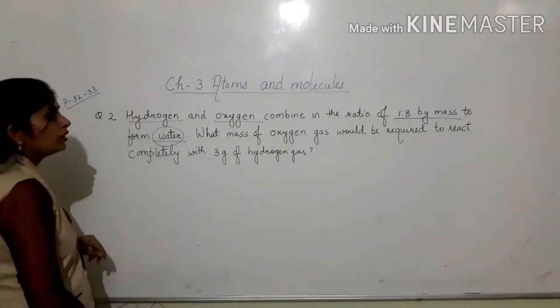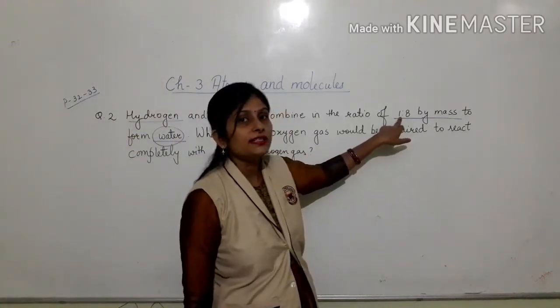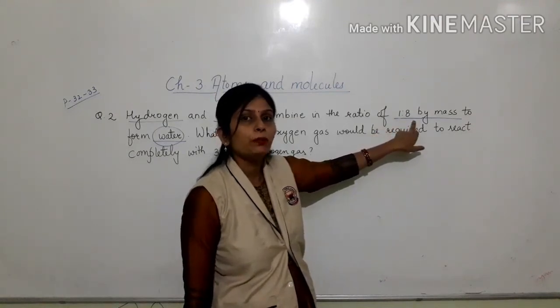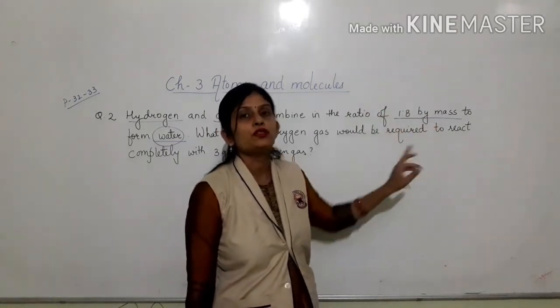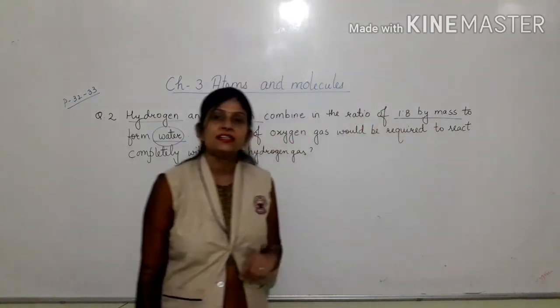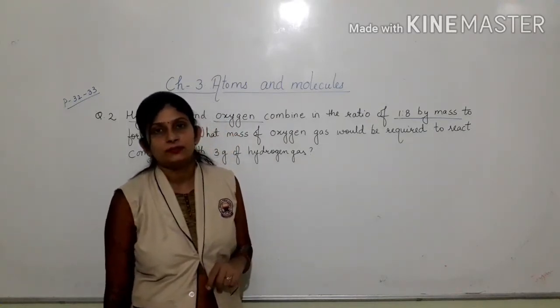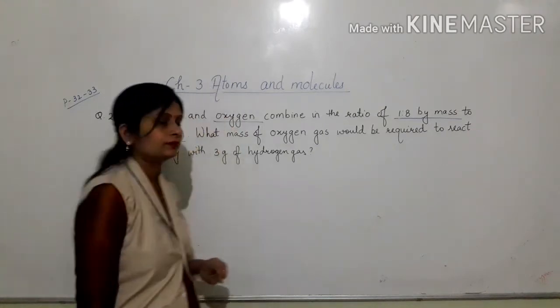Okay, so if hydrogen is doubled, then oxygen will also be doubled. So the overall ratio, proportion by mass, will be constant or definite or fixed as per the law of constant proportion.